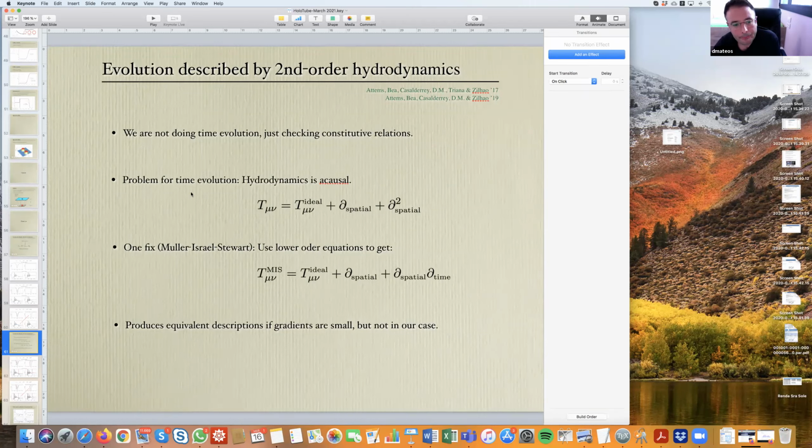So, of course, people solve that problem by using this freedom that I mentioned at the beginning in an effective theory. What they do is trade one of the spatial derivatives here for a time derivative, because these two spatial derivatives and this one differ by third order and higher order terms. So at the level of effective field theory, these two are equivalent at this order.